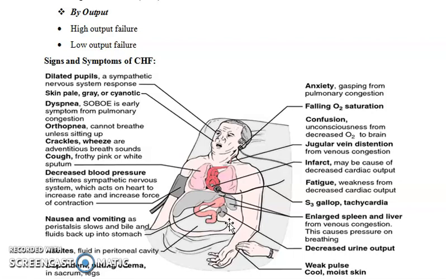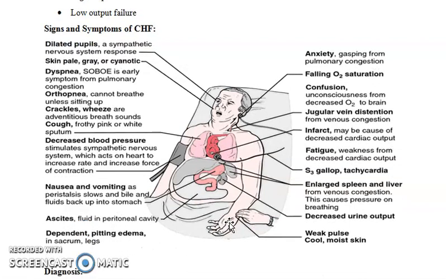There may be edema, peripheral edema, and peritoneal ascites, that is fluid in the peritoneal cavity, and anxiety. There may be a fall in oxygen saturation, confusion, jugular vein distension, and fatigue. These are some of the signs and symptoms of congestive heart failure.